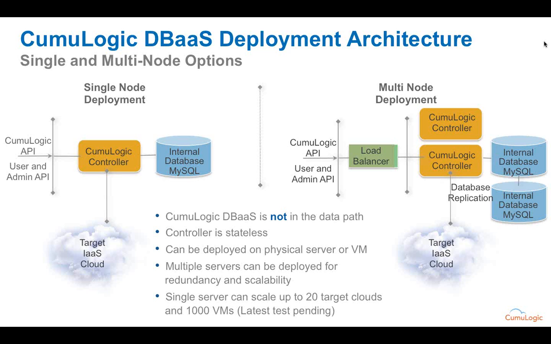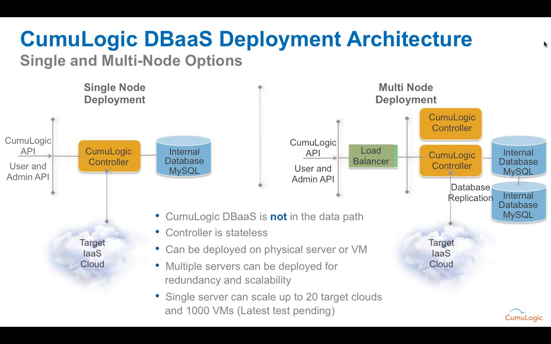So if you've got, say, 3-node clusters is the average database size that you're deploying, you can get 300 solid database deployments, and CumuLogic's controller can take care of that for you, again, because it's 3 nodes per cluster. Now, if you make that CumuLogic controller a virtual machine or hardware-based system much larger, then that number 1,000 can certainly go up. But we can easily scale horizontally as well.